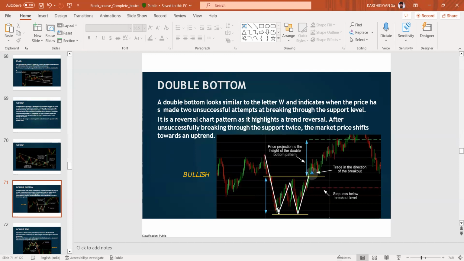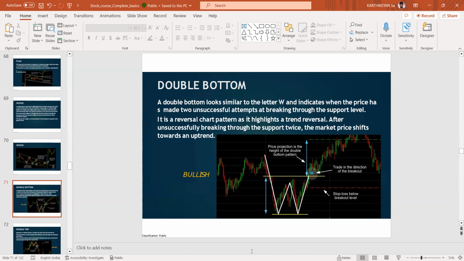So price comes here, it takes the support, it bounces, and then it takes another support and breaks the previous high which it has made. Then from there we measure the total length, so that will be the target. You can say it's a W pattern or inverted M pattern. You can give any name.